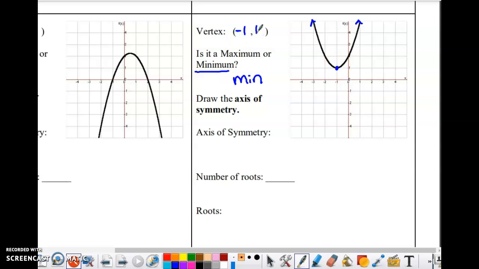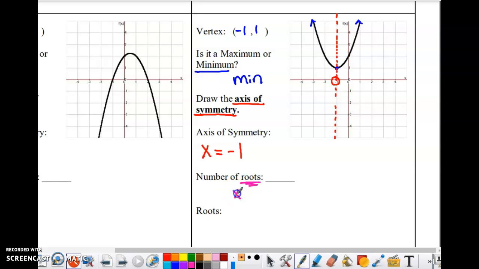Okay, let's draw the axis of symmetry. Remember, it has to go through the middle of the parabola, which goes through the vertex. And it's going right there at -1. And remember, it always has to start with x equals, and it's at -1. Now, here is a trick question. How many roots does this have?